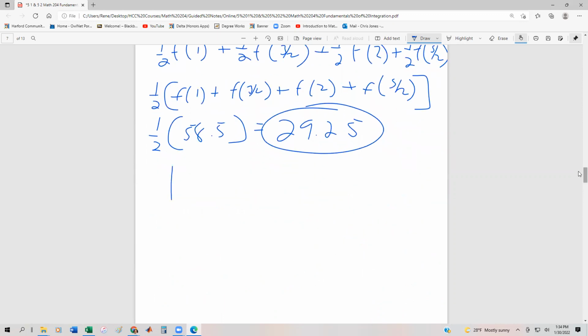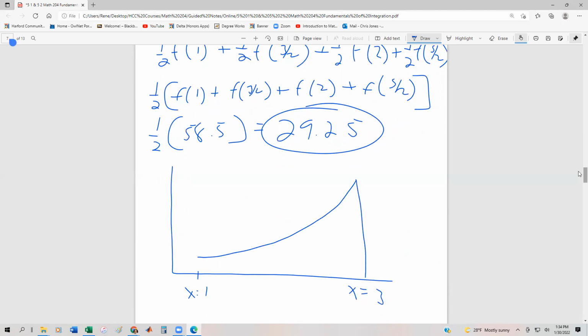Okay, so here is our graph. All right, so this is x equal 1. Here's our graph. Here's x equal 3. All right, and that's good enough. Okay. Now using the right endpoints. Remember, this was the value right here, I call that x1, call that x0.